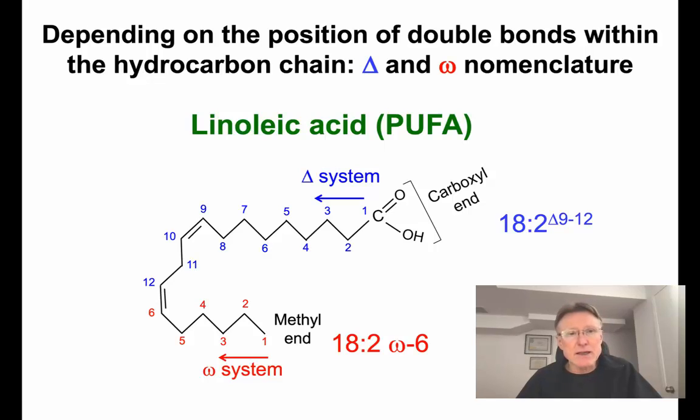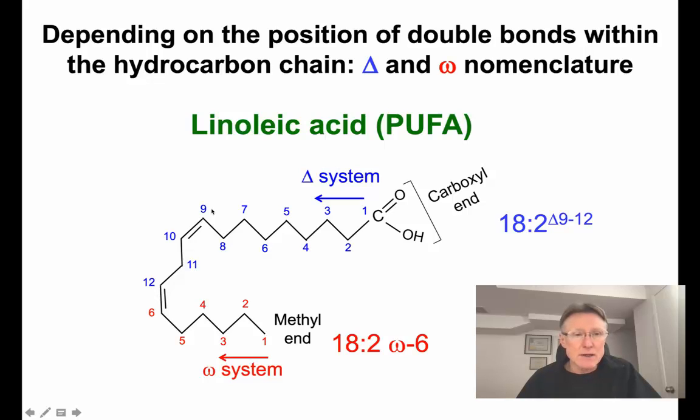So in this particular case, linoleic acid has 18 carbons. This is well established. It has 2 double bonds. And if we use the delta system, we start counting carbons from the carboxyl end until the first double bond appears. So if we have here 1, 2, 3, 4, 5, 6, 7, 8, so carbon 9, we have the first double bond.